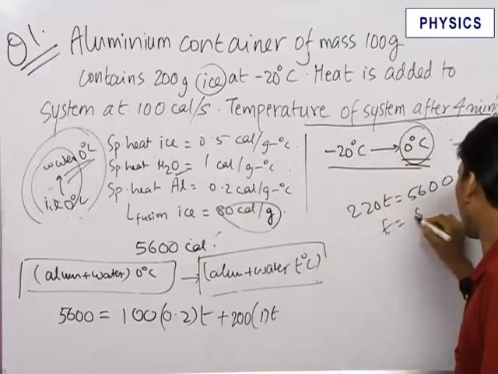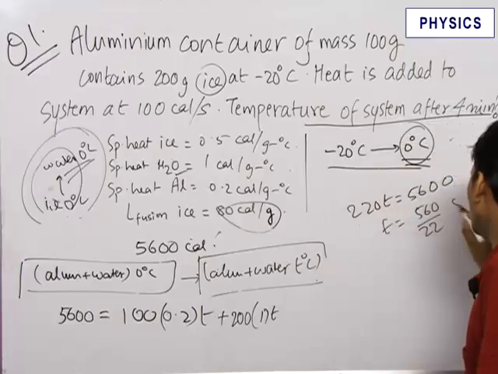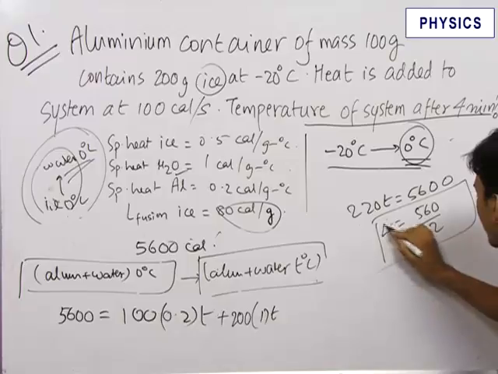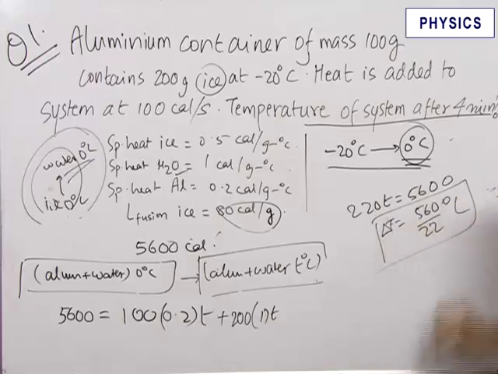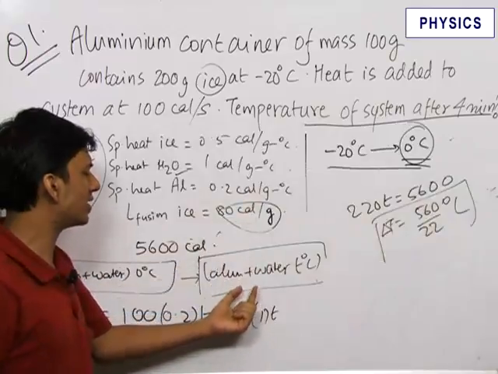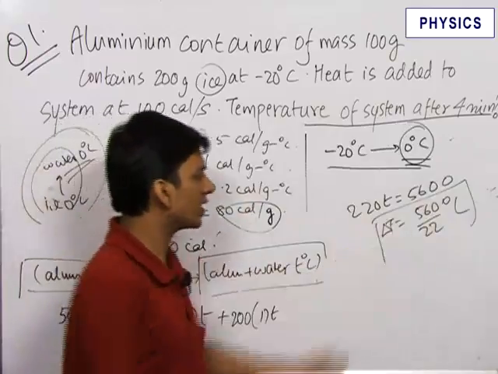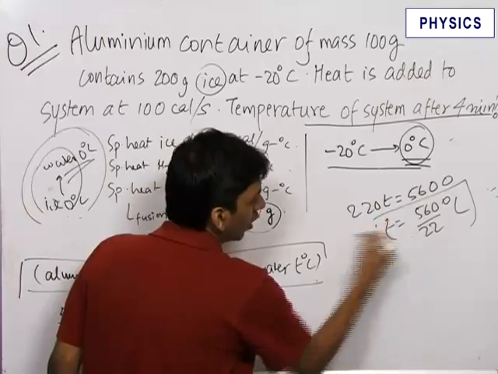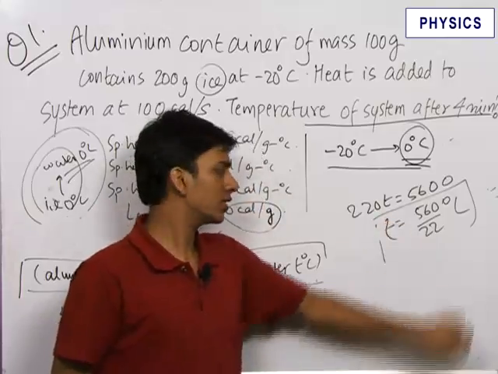So T is equal to 560 upon 22. So the final temperature of the system after 4 minutes comes out to be 560 upon 22 degrees Celsius. This is our final answer.